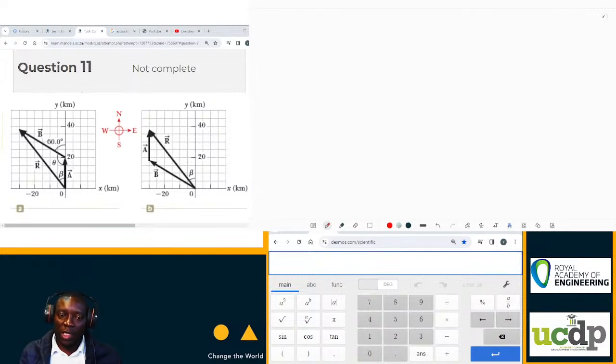But if the angle is between the vector and the vertical, then the game is different. You have to really consider the fact that the angle is between the vector and the vertical. Your cos theta component goes to the vertical. So the cos theta component is not always in the horizontal. You have to be careful what is given in the question or in the case that is under consideration.